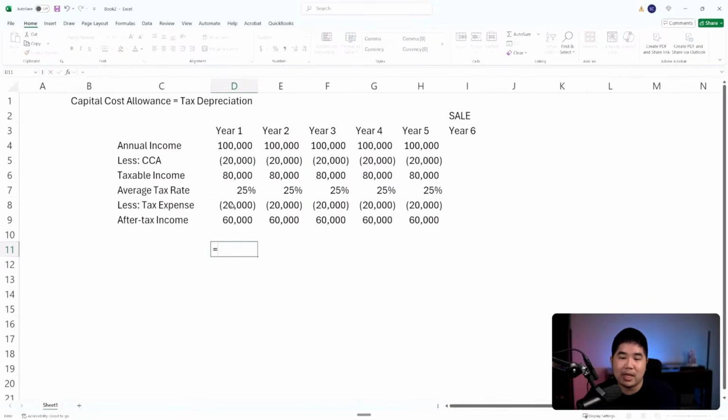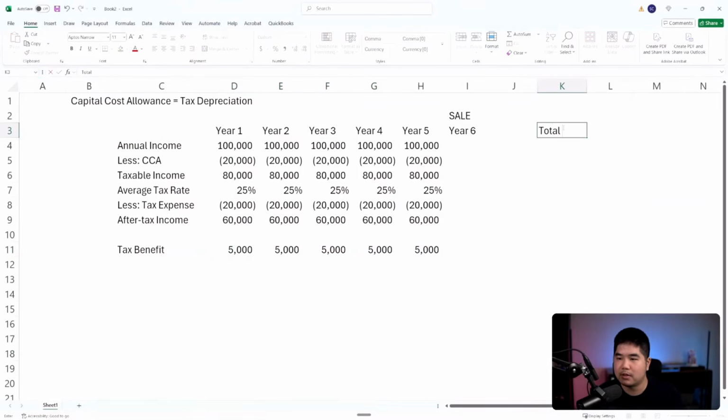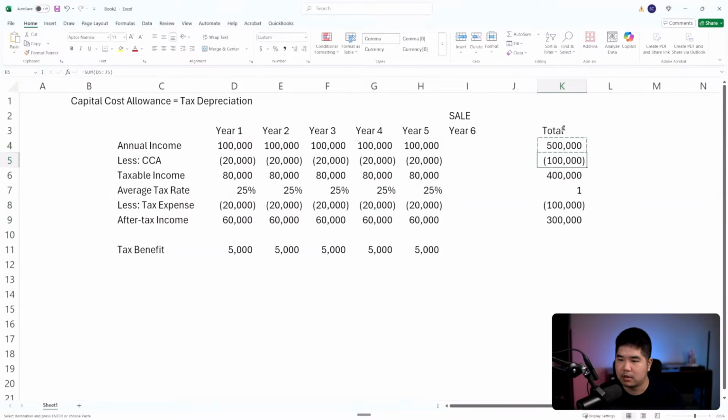We can also calculate the tax benefit we receive by claiming the capital cost allowance. And all we need to do is take the average tax rate times CCA. So in this case, it's $5,000 every single year. And let's add a total column here. So as you can see, over 5 years, we actually saved $25,000 in taxes.